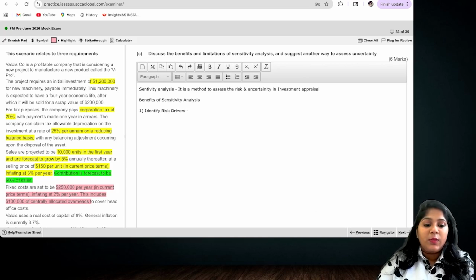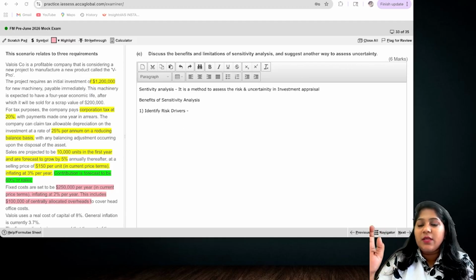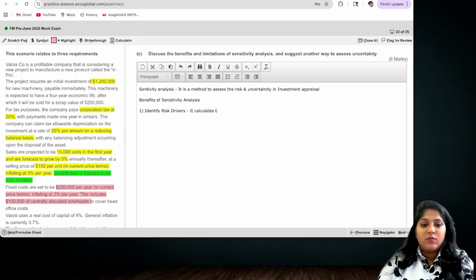What do I mean by identifying the risk drivers? It calculates the exact percentage change in a single variable.